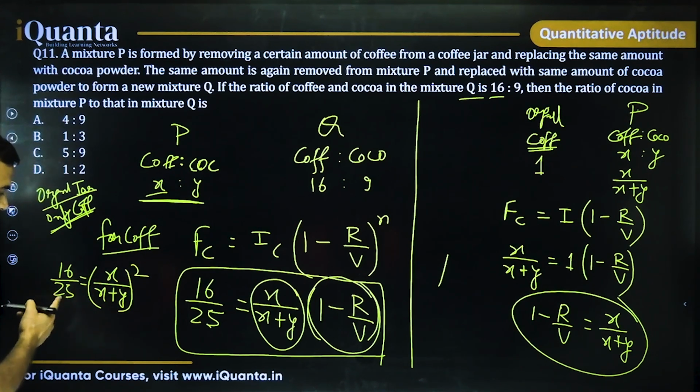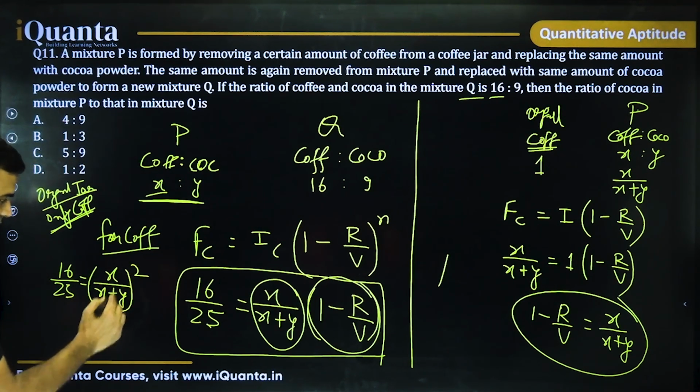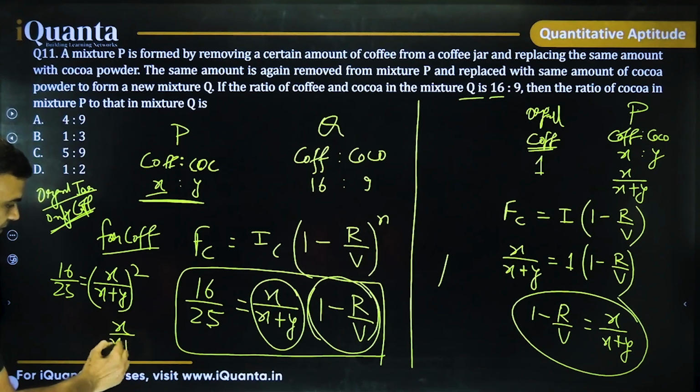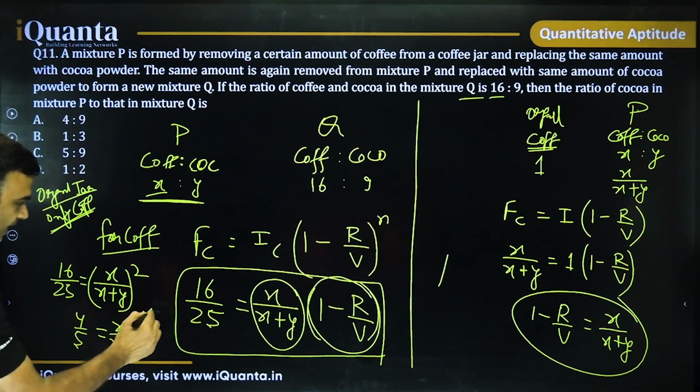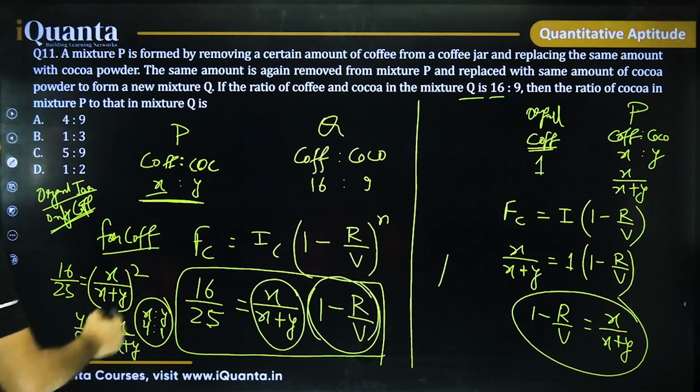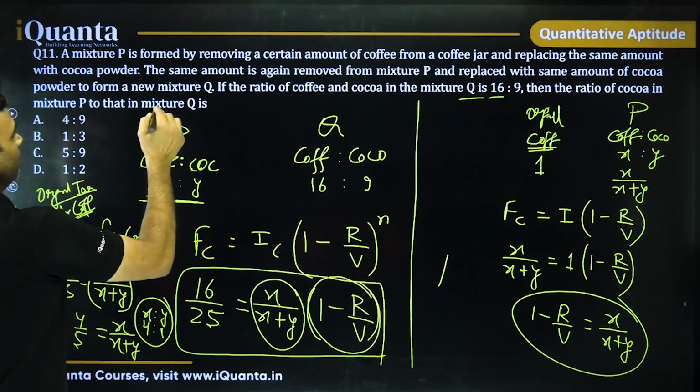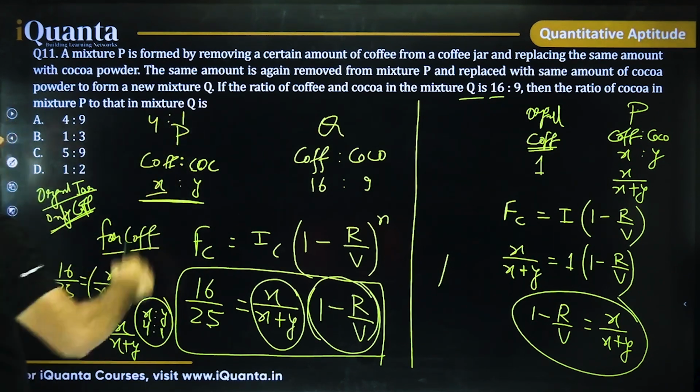And 16 is 4 square, 25 is 5 square. So if you remove the square, you will get X upon X plus Y as 4 upon 5. So the ratio of X and Y will be, X is 4, X plus Y is 5, so Y will be 1. Okay, so the ratio of coffee to cocoa in P is 4:1, right?